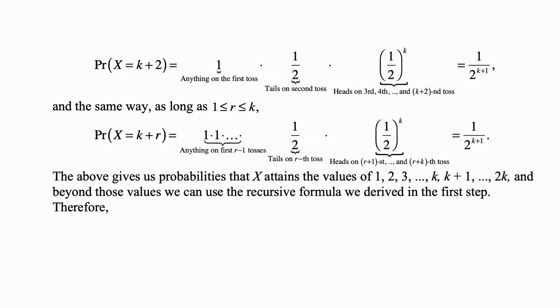The above gives us probabilities that X attains the values of 1, 2, 3, and so on up to k, k plus 1, so on up to 2k, and beyond those values we can use the recursive formula we derived in the first step.